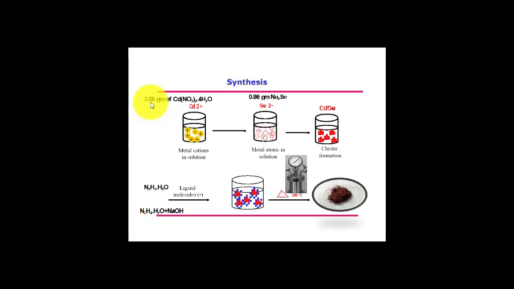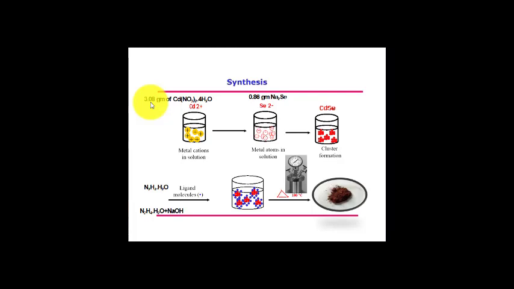Next, we have 0.86 gram of sodium selenide. It will give us selenide anions. So it also contains metal atoms in the solution. What are the metal atoms? Sodium metal atoms. They are mixed and we get cluster formation of cadmium selenide.